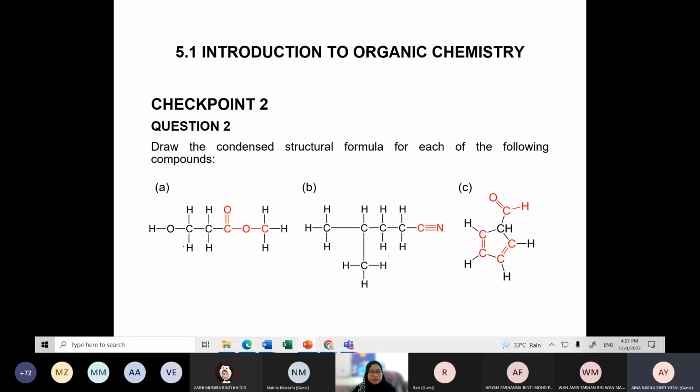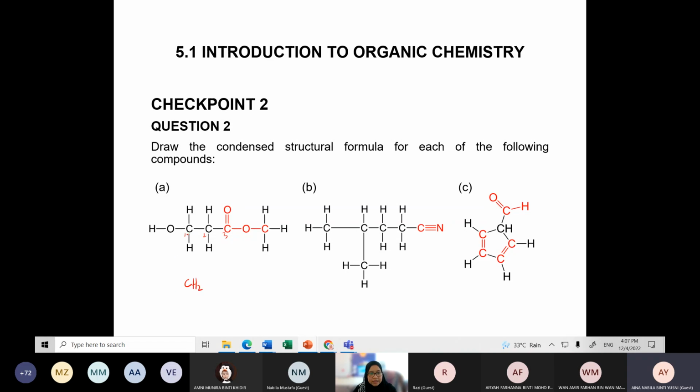If you target the C, we have 1, 2, 3, and then 4. Just follow as it is. We have the first carbon here, and then we have H2.